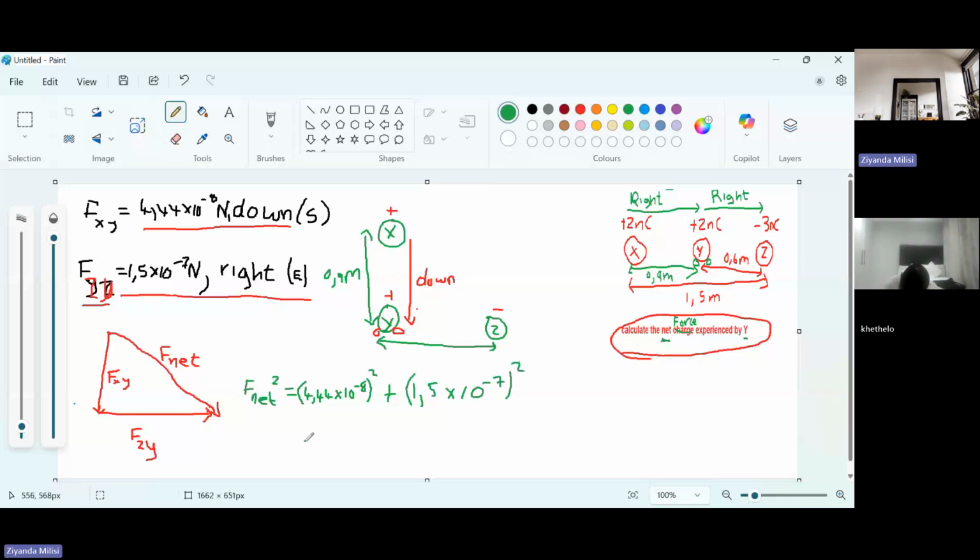Then you put a square root on both sides to get rid of the square on F net. Then tell me what is our F net.